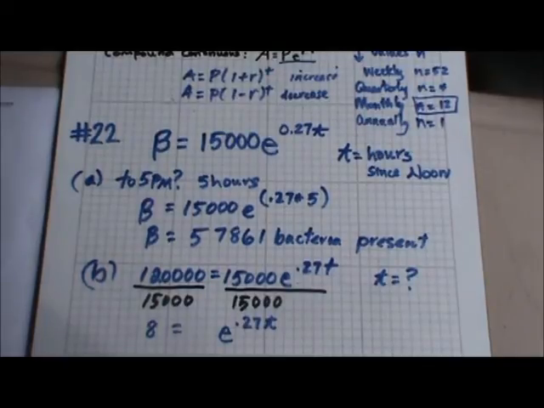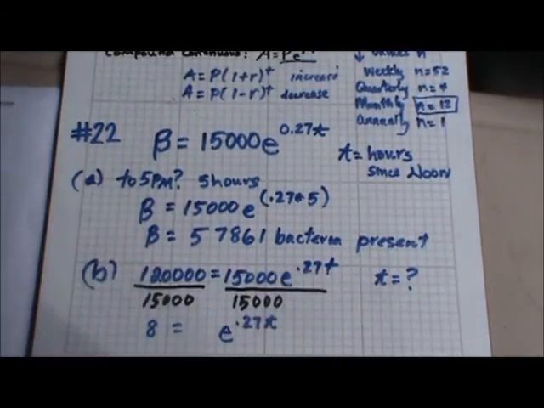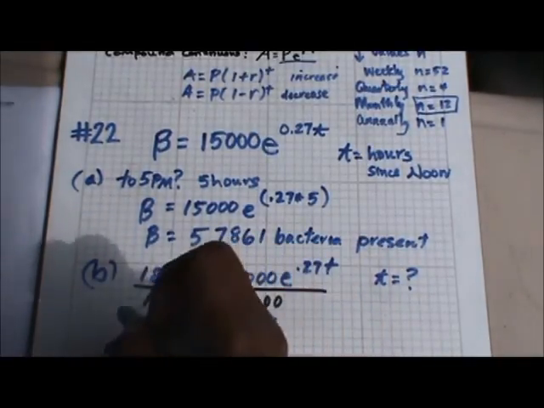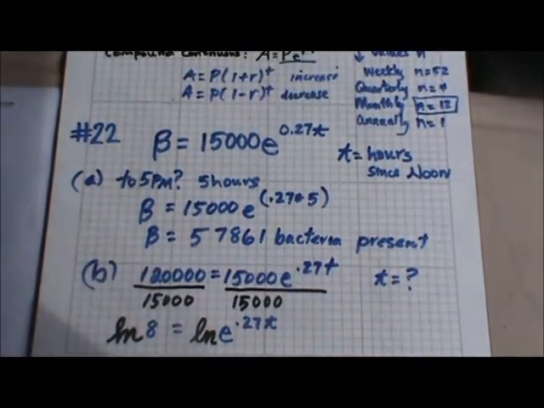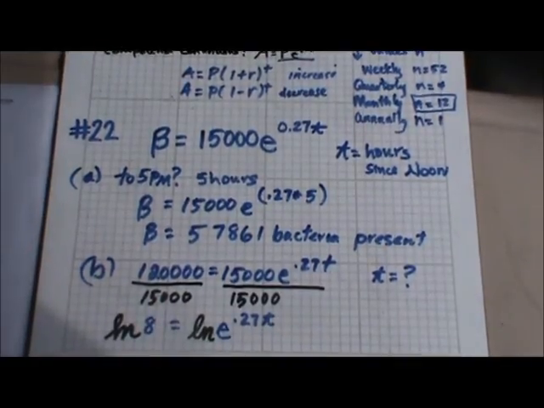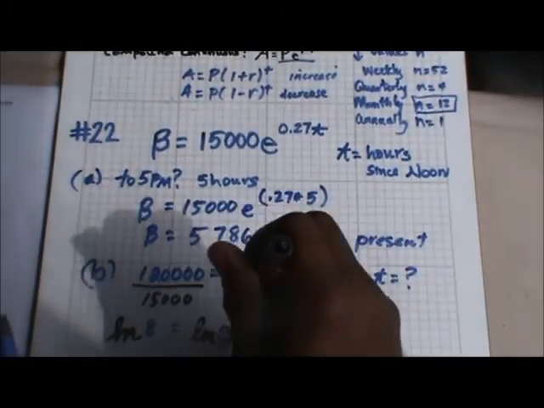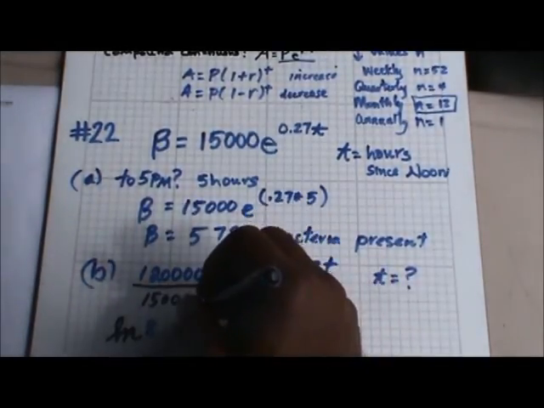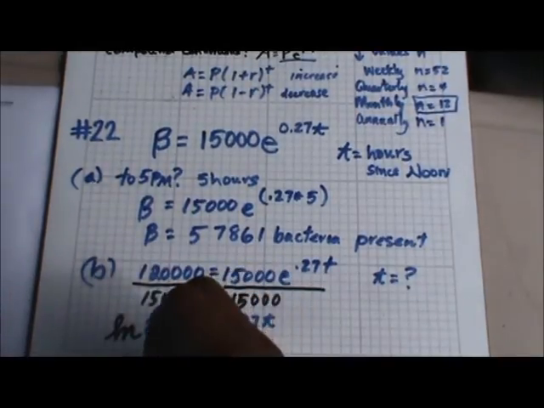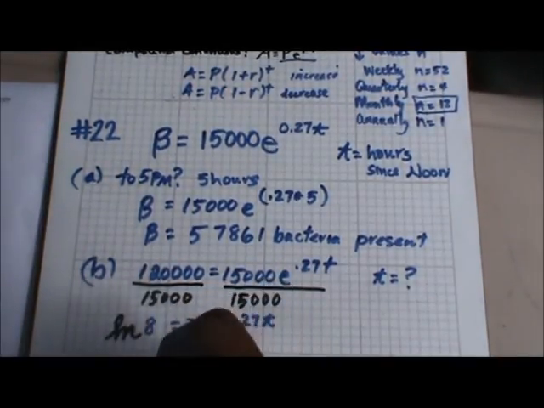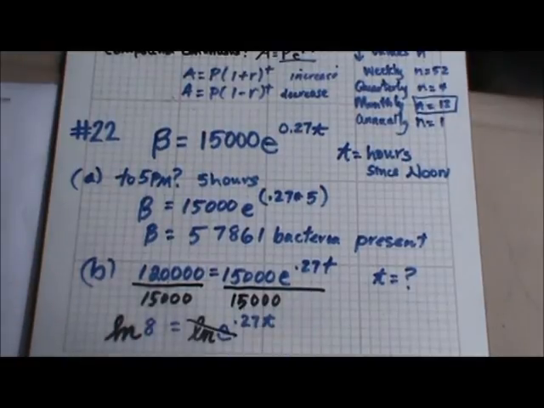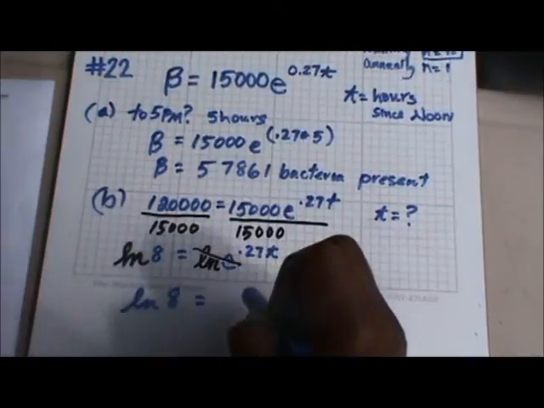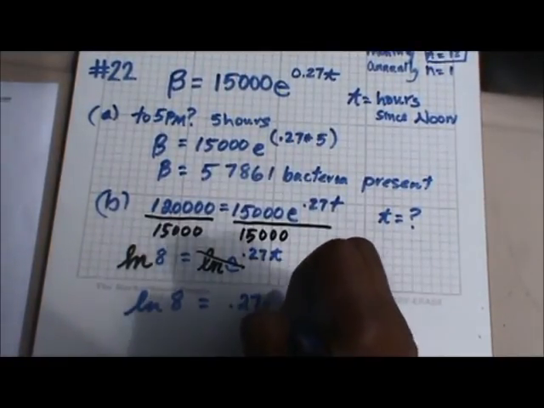Now, I want to get to this T. I want to cancel the E. Remember, the inverse of E is, you guessed it, natural log. So we natural log both sides. That will cancel the E and the natural log. That leaves us with the natural log of 8 is equal to 0.27 t.